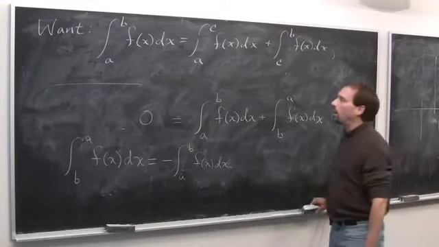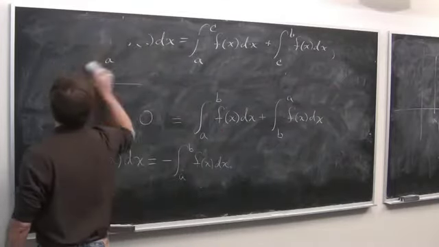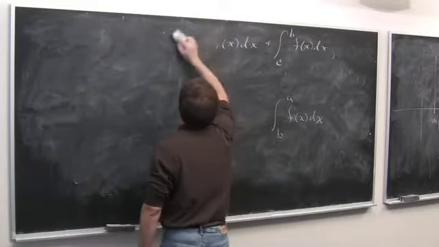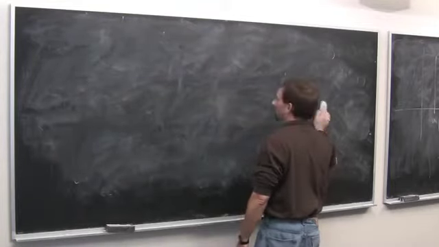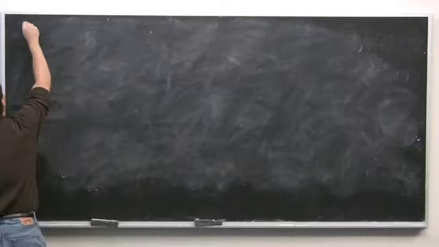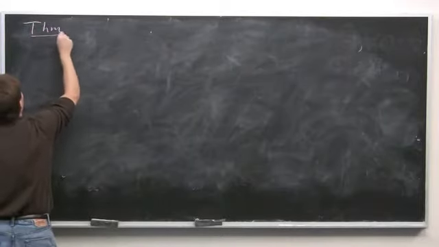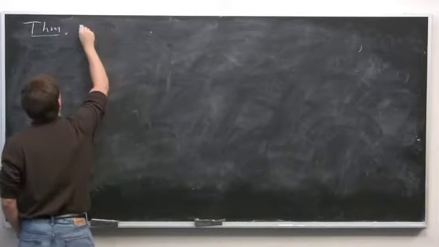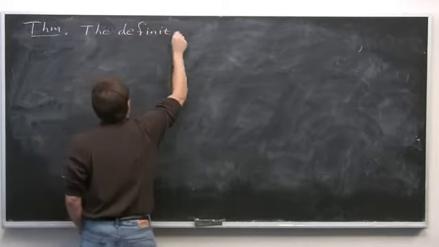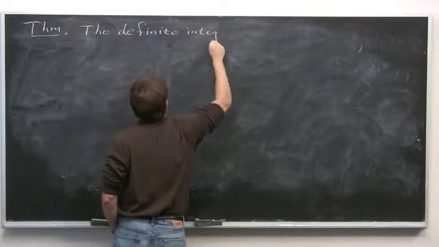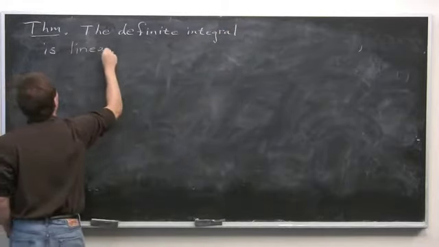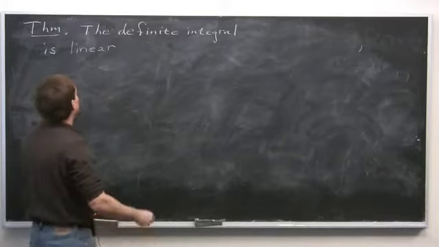Okay. Other properties of the definite integral follow quickly from its definition as a limit of Riemann sums. We're not going to prove these, but they are very important. The definite integral is linear, just as the indefinite integral was linear and differentiation is linear.